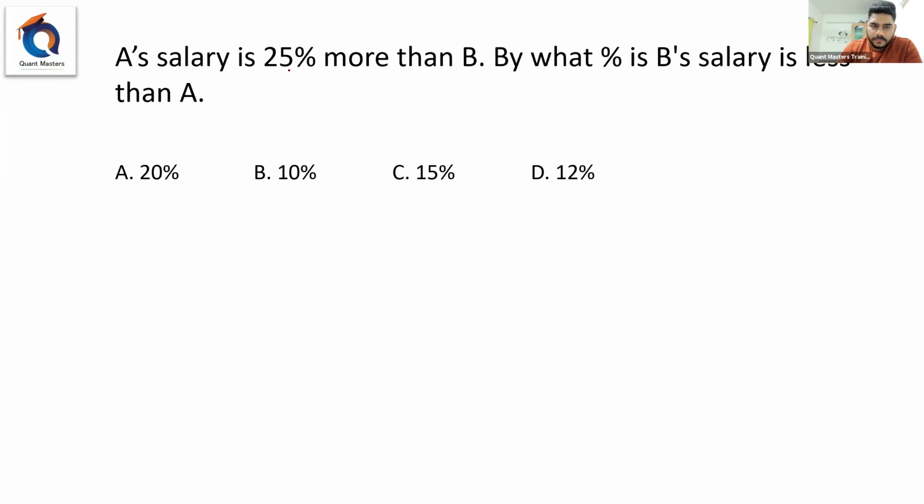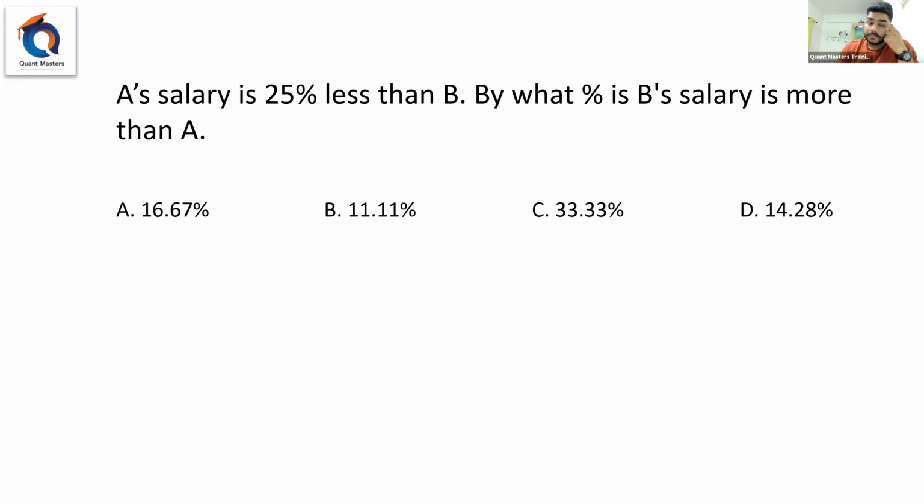How do I do this without even touching the pen is this way. A salary is 25% more. 25% is nothing but 1 by 4. 1 by 4 more, which means B salary should be less. So 1 by 4 more means increase the denominator. So 1 by 4 becomes 1 by 5. So 1 by 5 is nothing but 100 by 5. 100 by 5 is nothing but 20%.